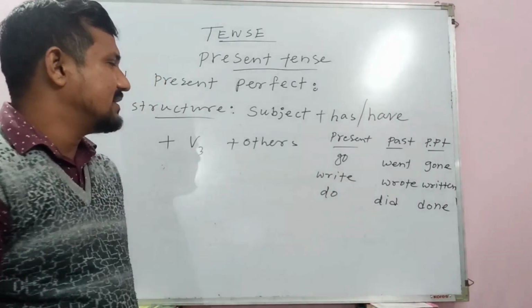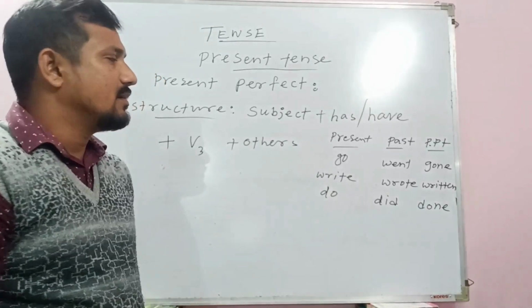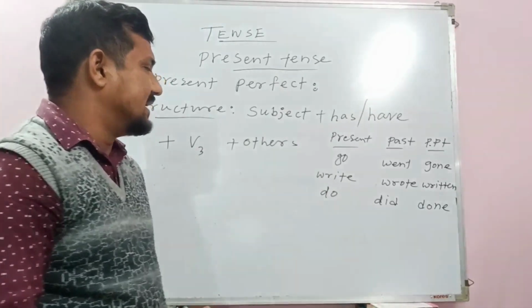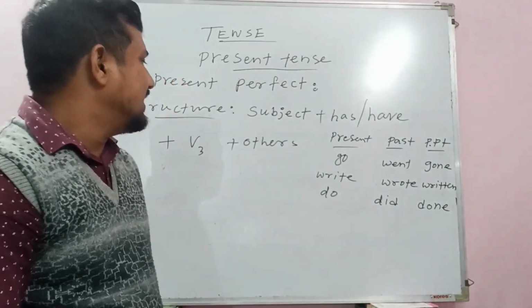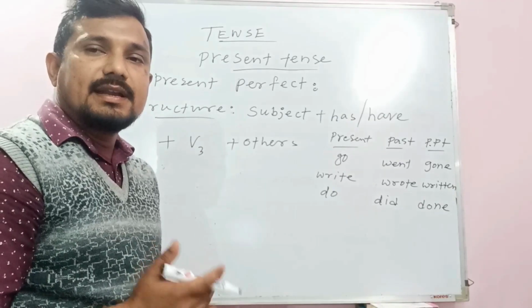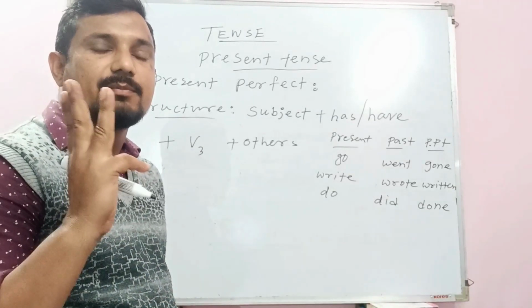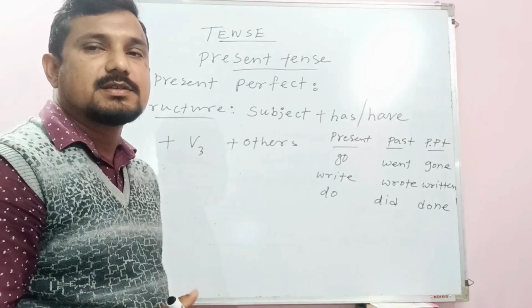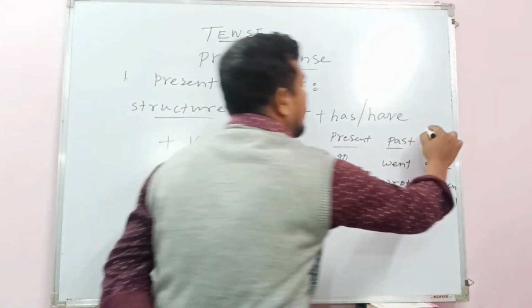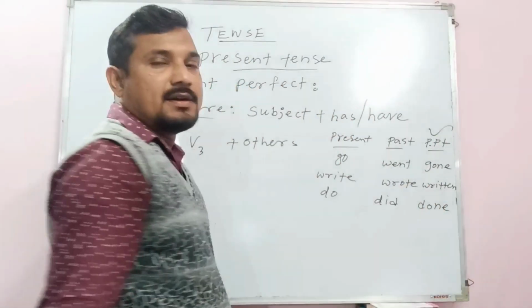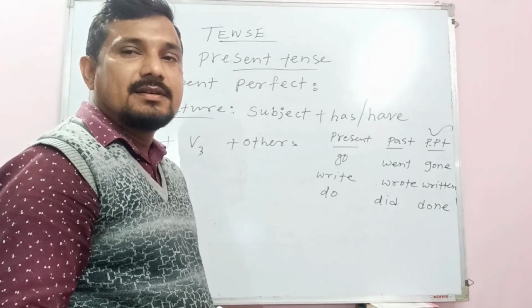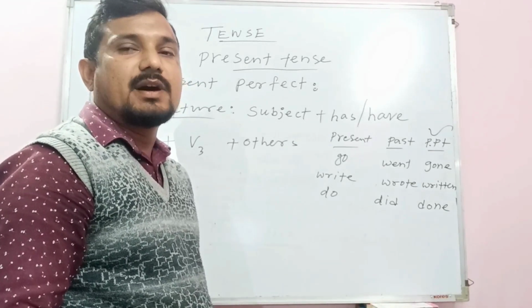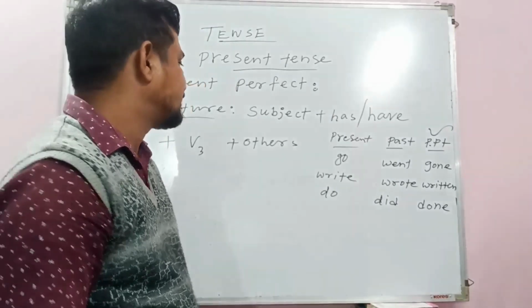Then the verb write, past form wrote, past participle form written. Then do, did, done. In present perfect tense or any perfect tense, we use the third form of the verb, V3, or past participle form. This form is used in every perfect tense, whether it is present perfect or past perfect or future perfect.